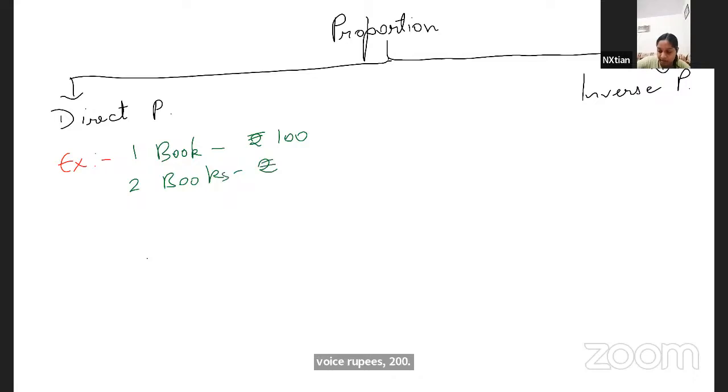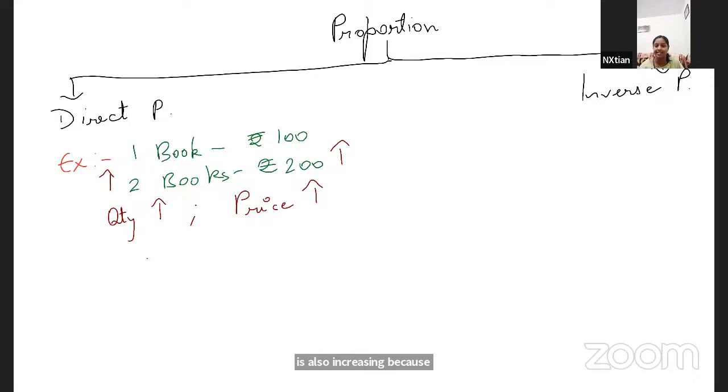Now if we observe this, what is happening in this case? First, I purchased one book of 100, but I wanted more, so I purchased two books of 200. So quantity is increasing and price is also increasing.